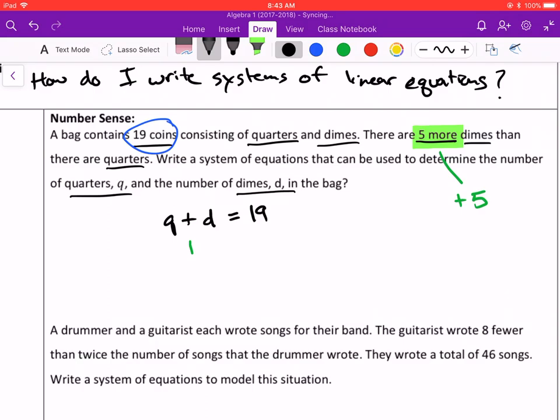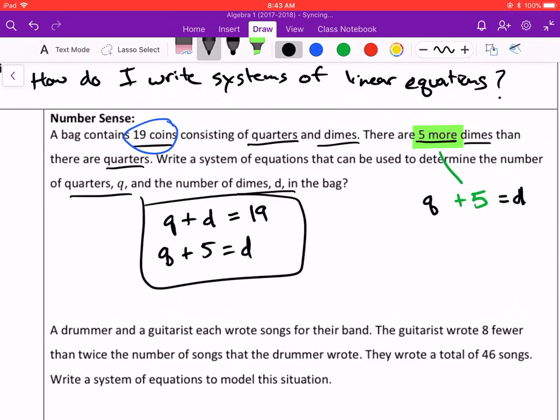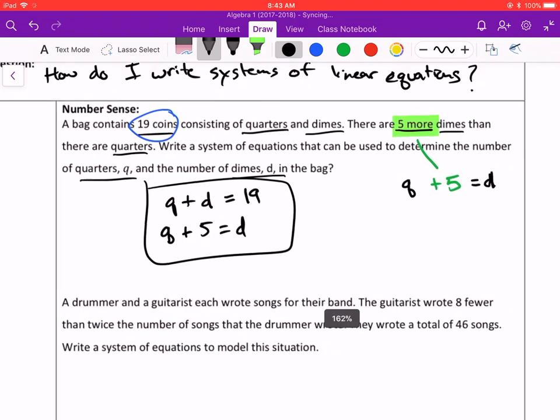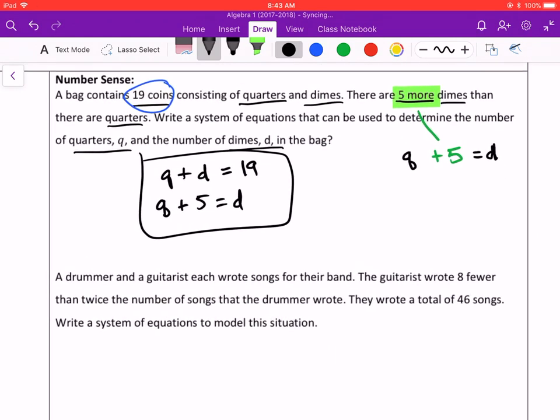So that means we're taking quarters and adding 5 to get our number of dimes, which is D. Now you have 2 equations, and if you can set this up, you can write it in your calculator and solve it however. All right, Q plus 5 equals the amount of dimes. There's your equation.